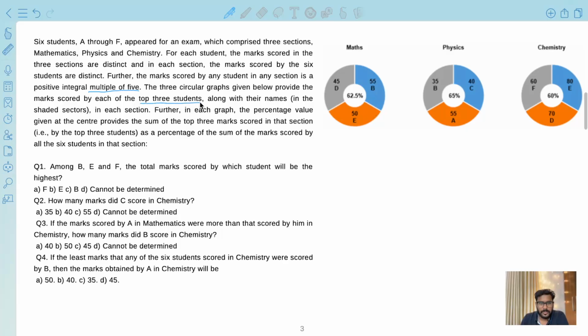Top three students, along with their names in the shaded sector in each section.